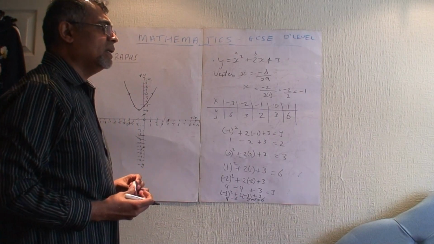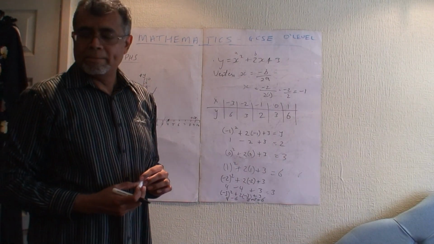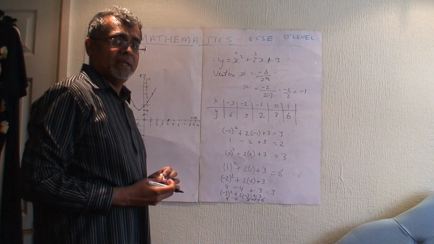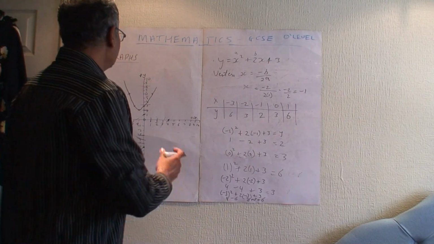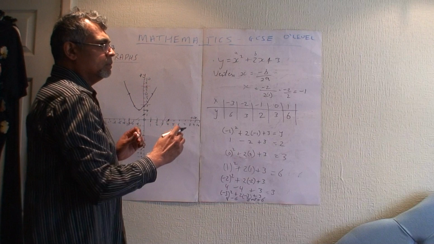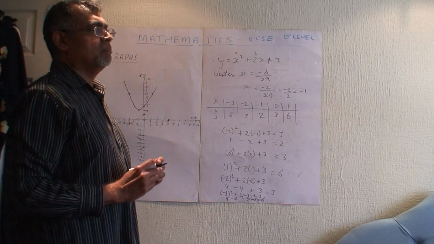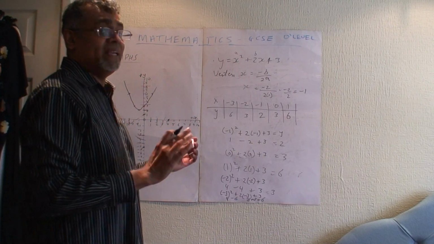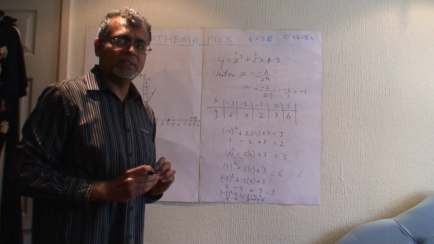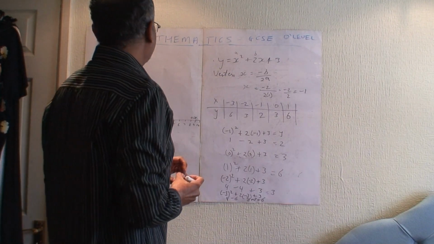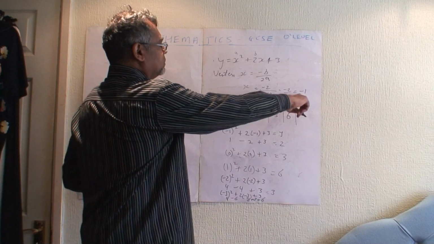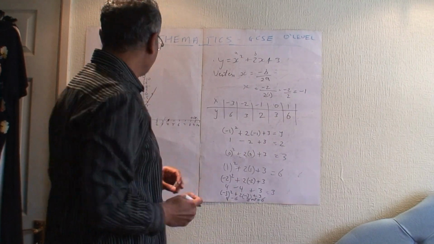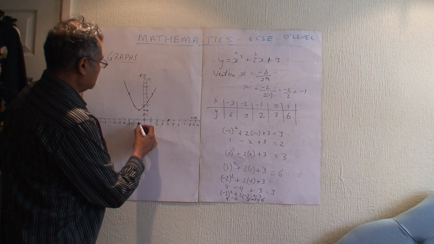It's like a vertical line that cuts into the graph and tries to be equal on both sides. The vertex, and we said the vertex was minus 1. And that's where the minus 1 is here.